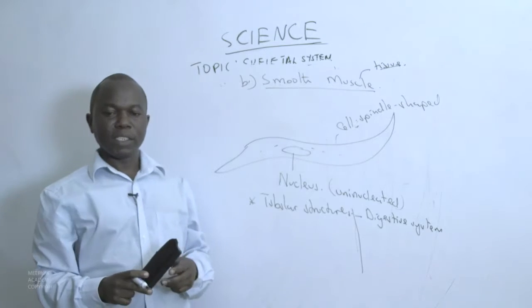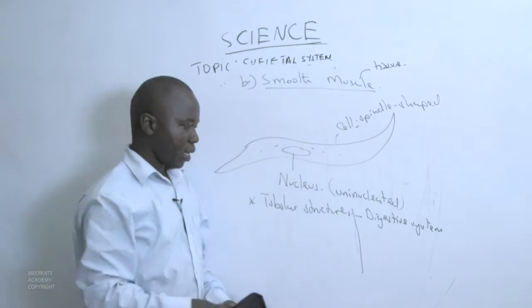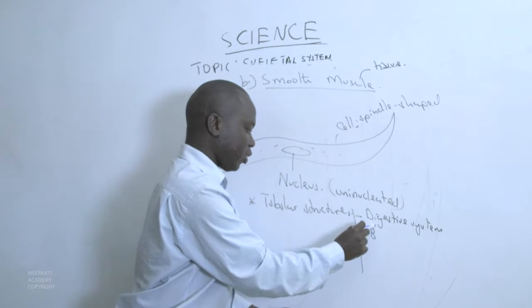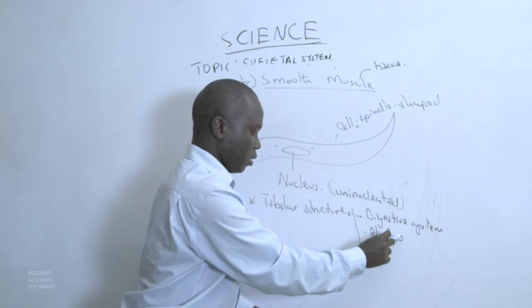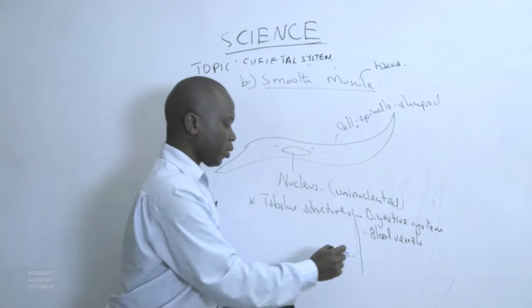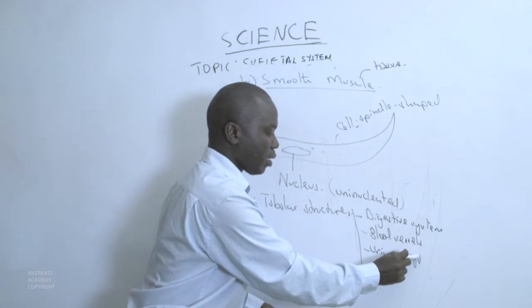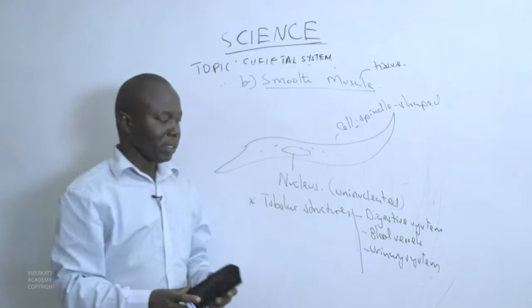We said the digestive system is a continuous tube from the mouth to the anus. We have blood vessels. Blood vessels also consist of tubes. Urinary system also has tubes.